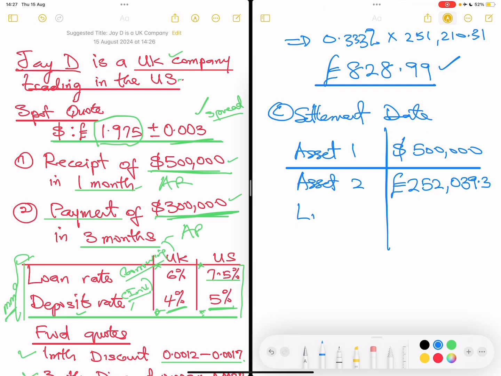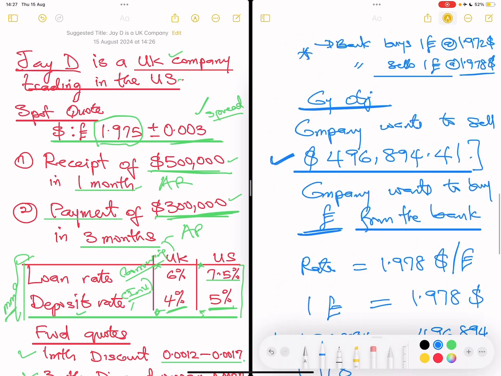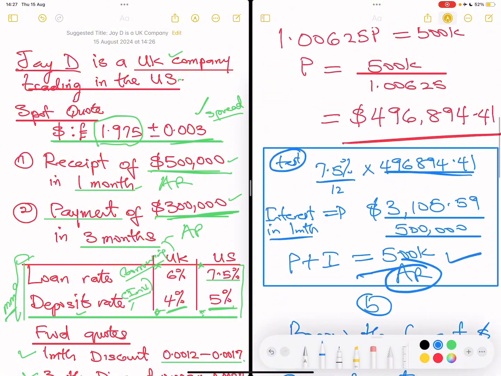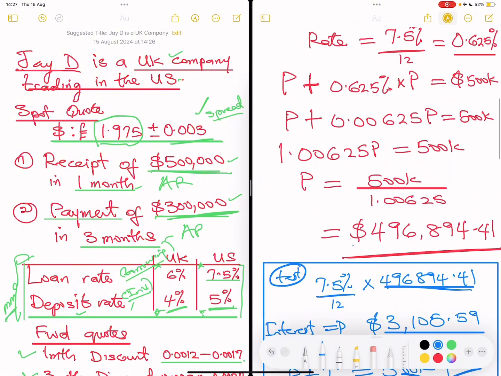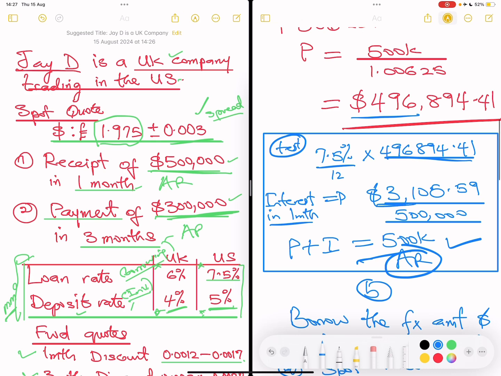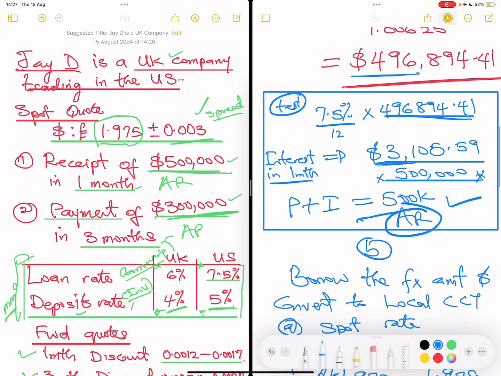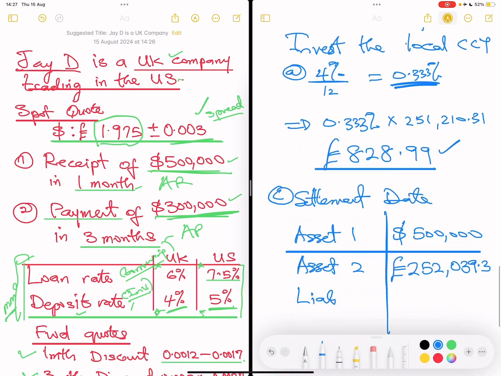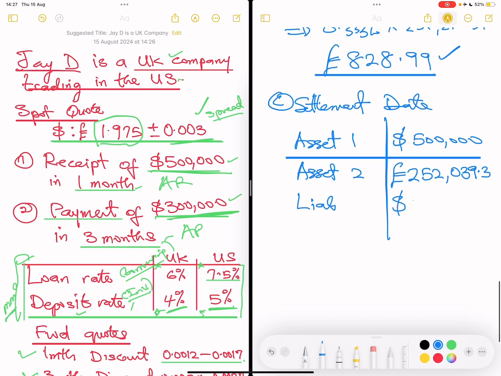Then we're going to have another liability, the only liability which we created earlier on, which is also principal plus interest. We borrowed this amount, the interest accrued, and in 1 month's time it has become $500,000. So another liability of $500,000. So you can see that this one has cancelled out this one, and that's why we are not exposed in a month's time.